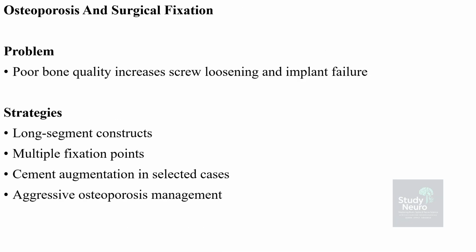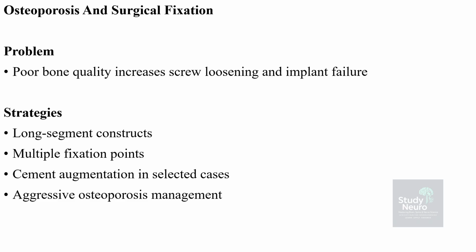Osteoporosis is an important challenge when stabilizing the ankylosed spine. Poor bone quality reduces the strength of screw fixation and increases the risk of screw loosening and implant failure. Strong fixation is essential.